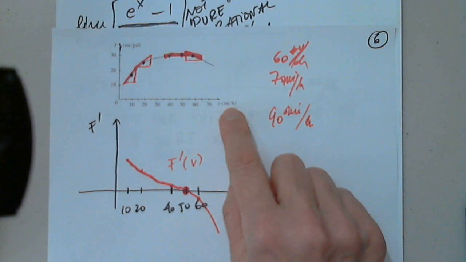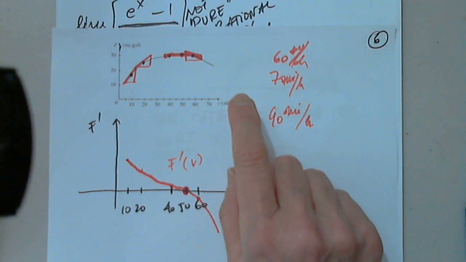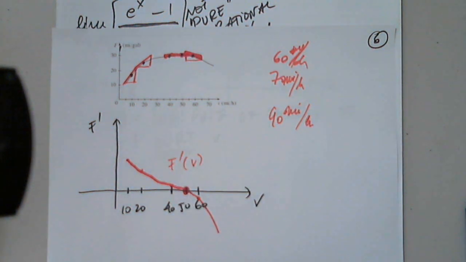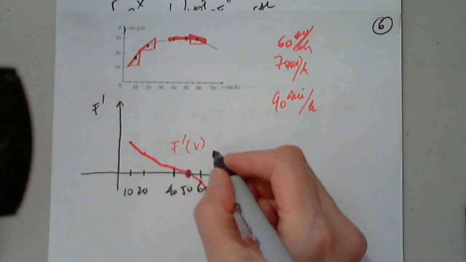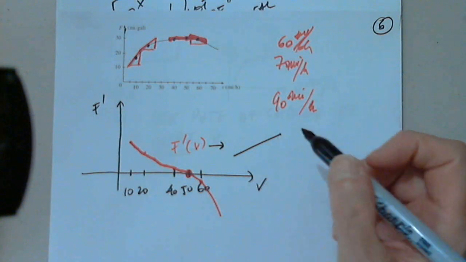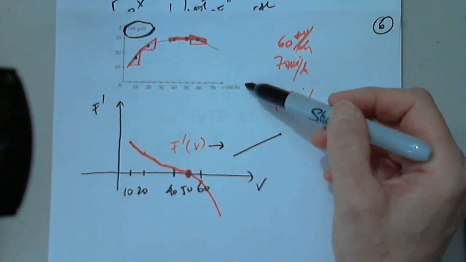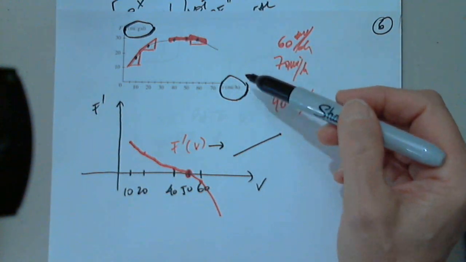We know that the velocity is in miles per hour. So what will f prime be measured in? And remember, it has to have two measurement units. It has to have the measurement unit coming from the y variable over the measurement unit coming from the x variable.